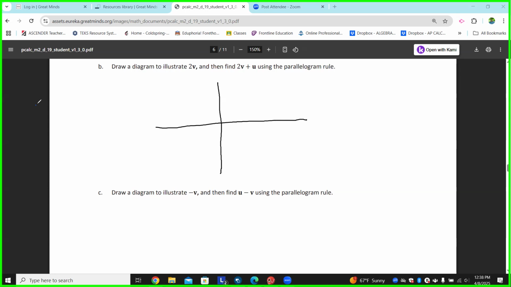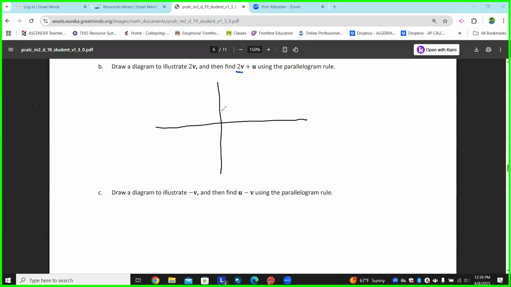Anyone stuck on how to graph 2V? Alrighty. Due to time, I do need to start going over this.